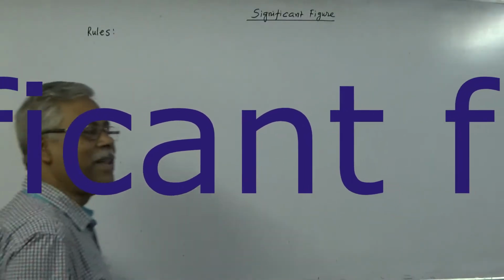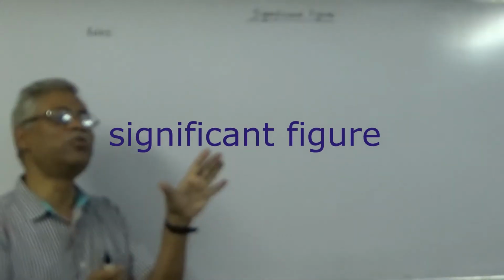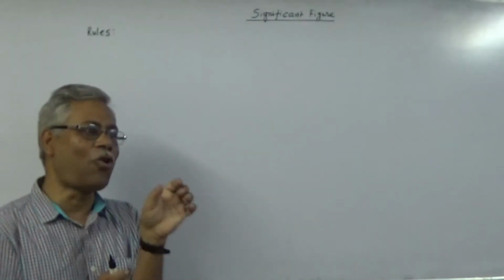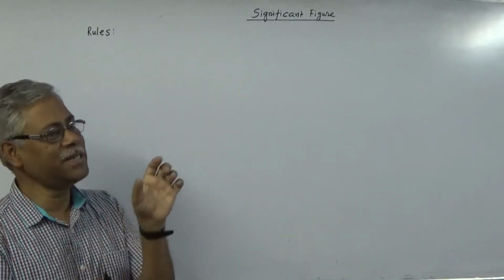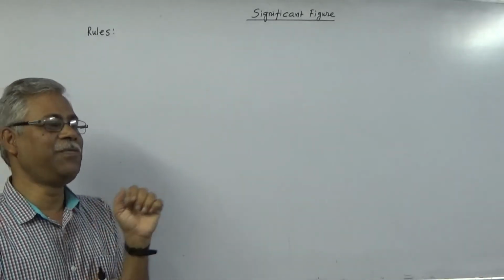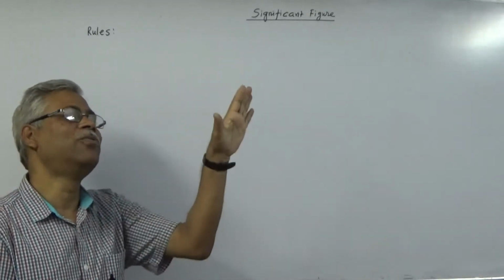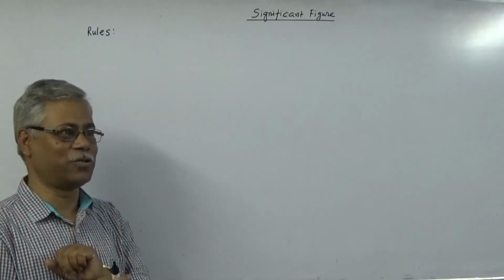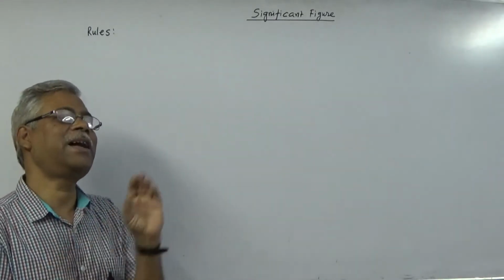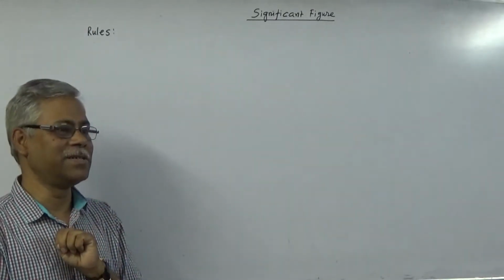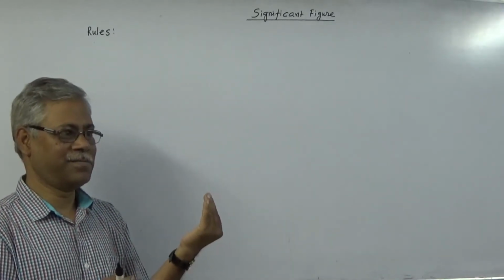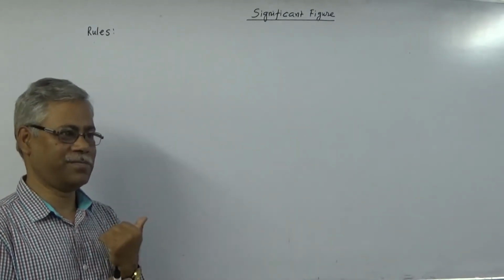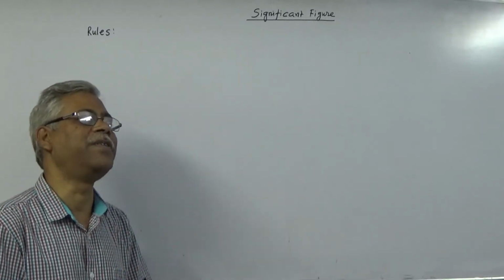In books you will find there are a lot of rules. All those rules are actually based on a single concept. If you know that concept, then you are not required to remember all those rules. And that simple concept is, by changing unit, you cannot change the number of significant figures.